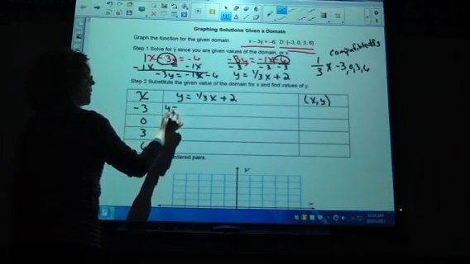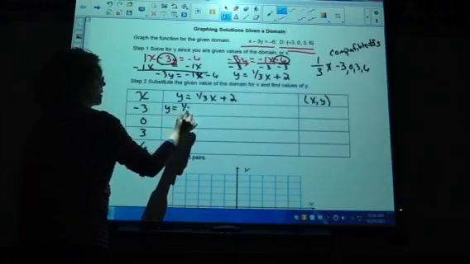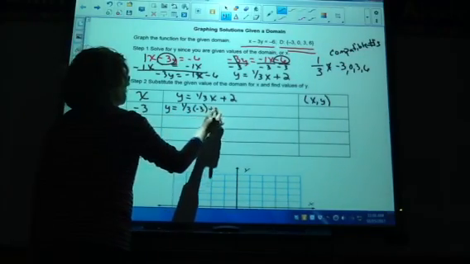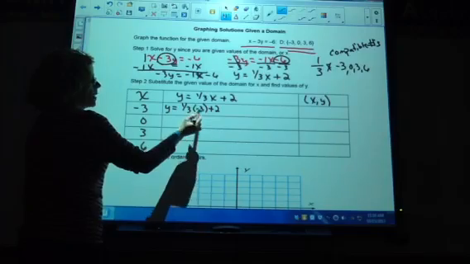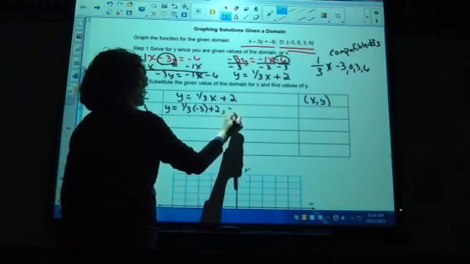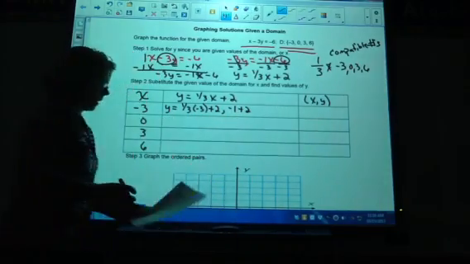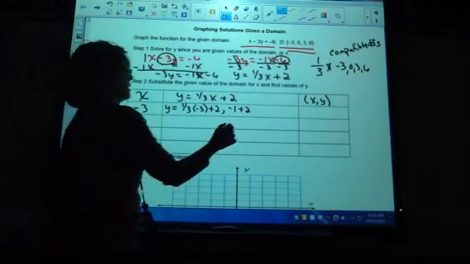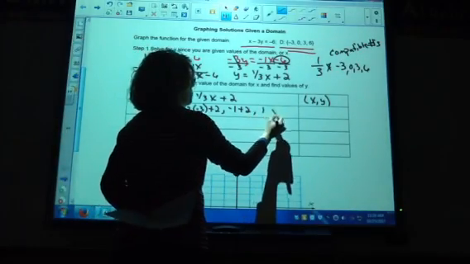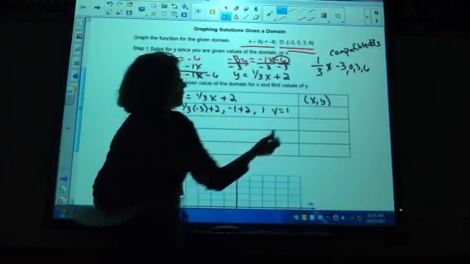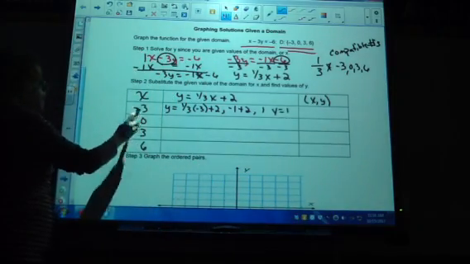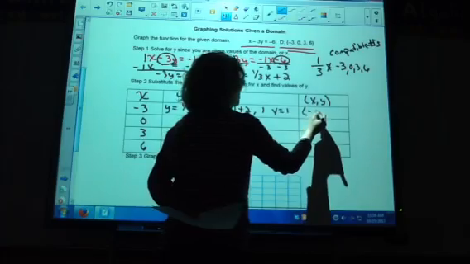So now we need to find out what y is. So when x is negative 3, 1/3 times negative 3 is negative 1. Negative 1 plus 2 is 1. So y equals 1.